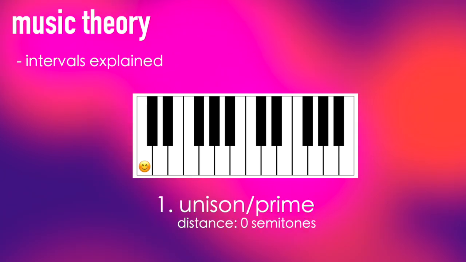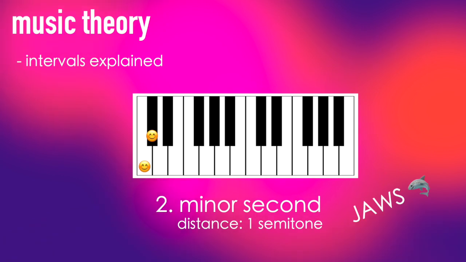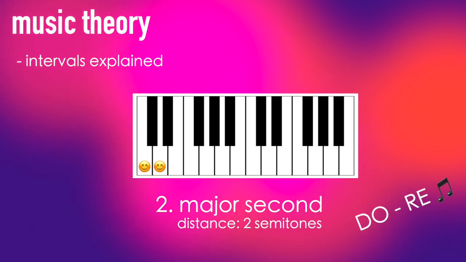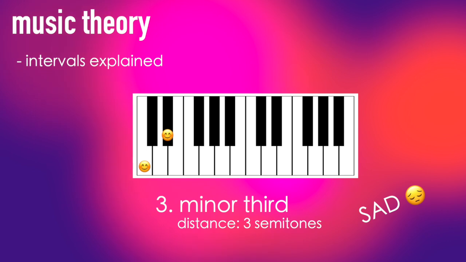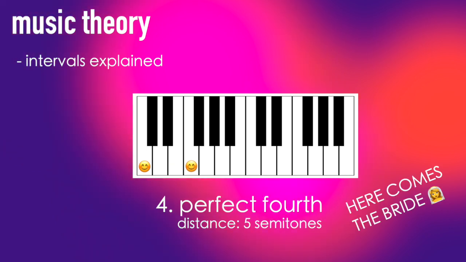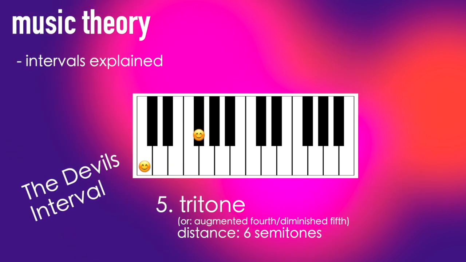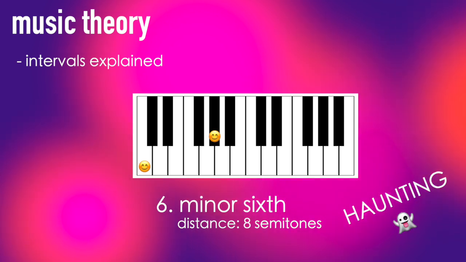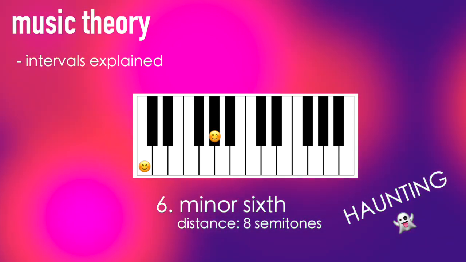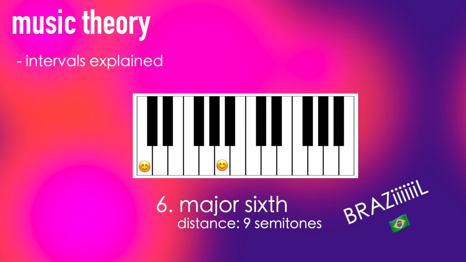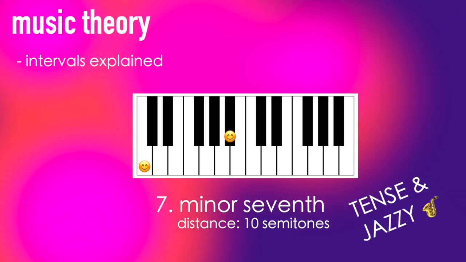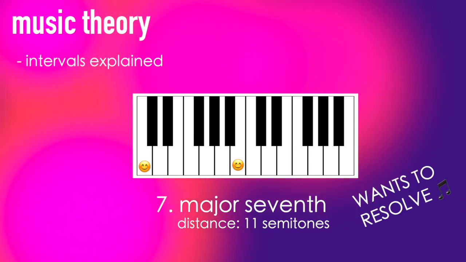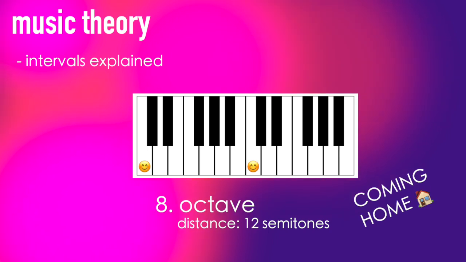So, prime, minor second, major second, minor third, major third, perfect fourth, the tritone, the devil's interval, the perfect fifth, a minor sixth, a major sixth, a minor seventh, a major seventh, and then we have the octave, and we are home again.